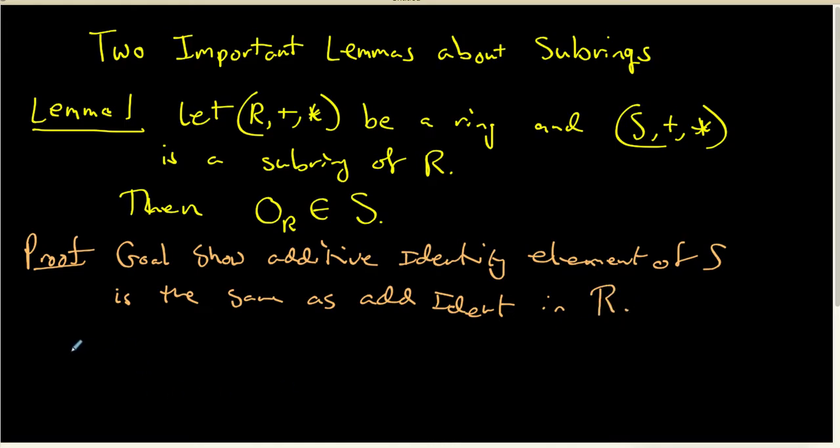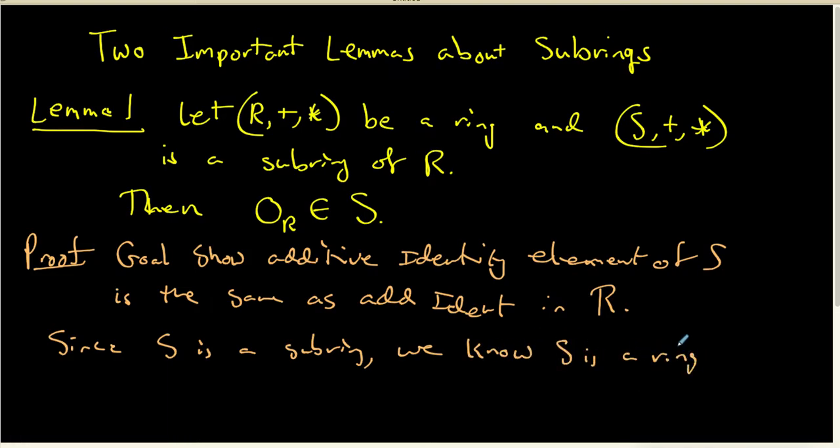So what we're going to do here is first state that since we know S is a subring, we actually know that S is a full-fledged ring. And what that means is that S has an additive identity element.